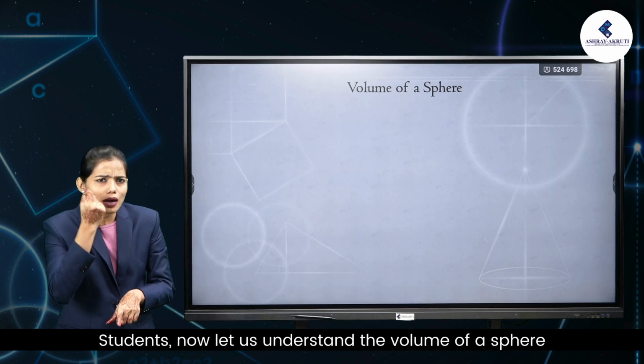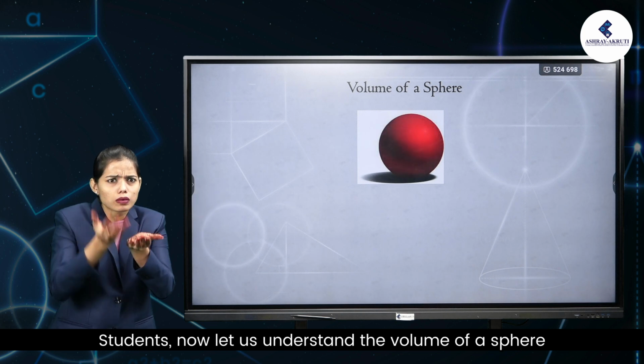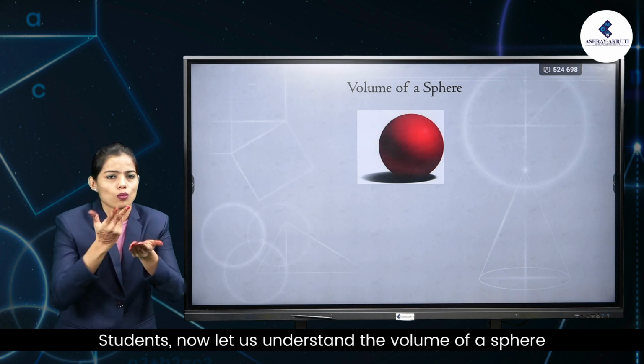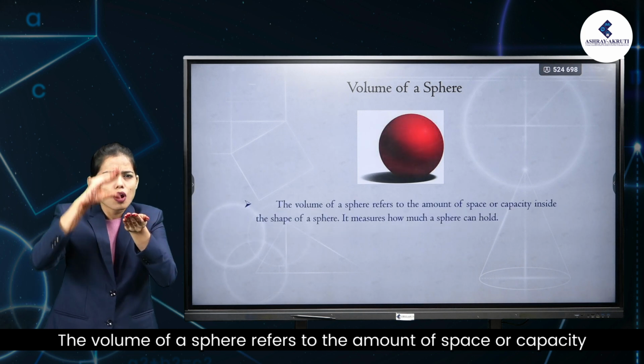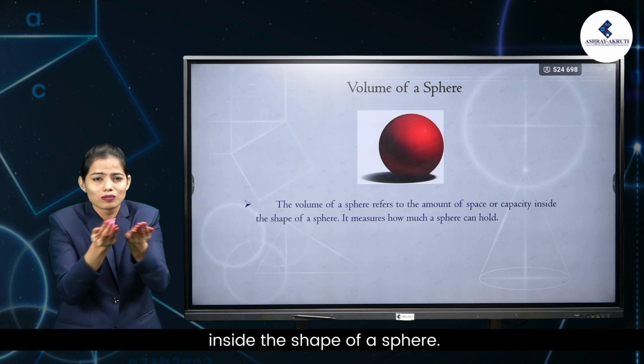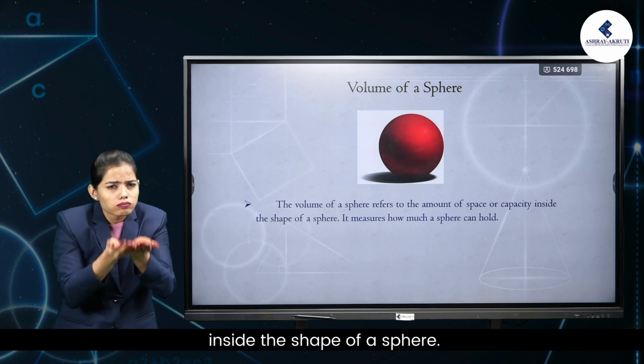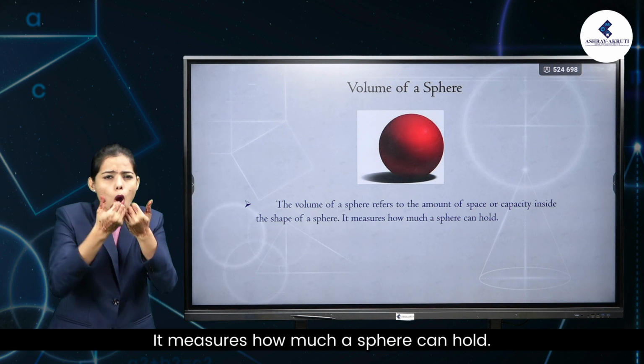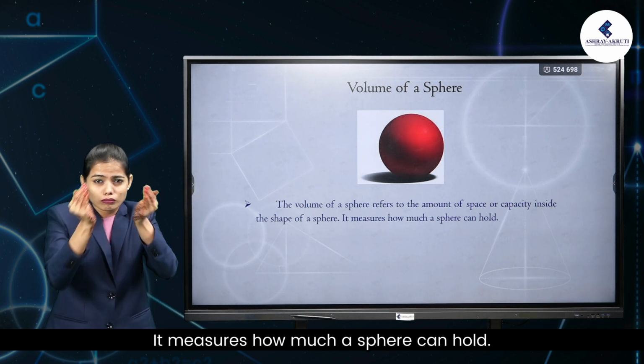Students, now let us understand the volume of a sphere. The volume of a sphere refers to the amount of space or capacity inside the shape of a sphere. It measures how much a sphere can hold.